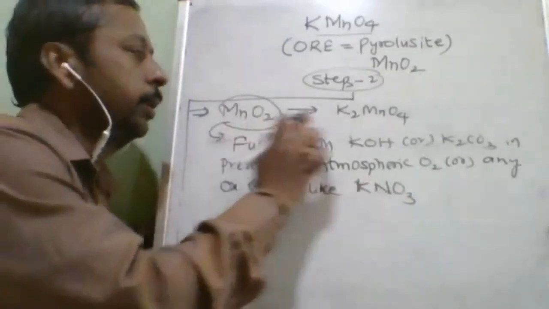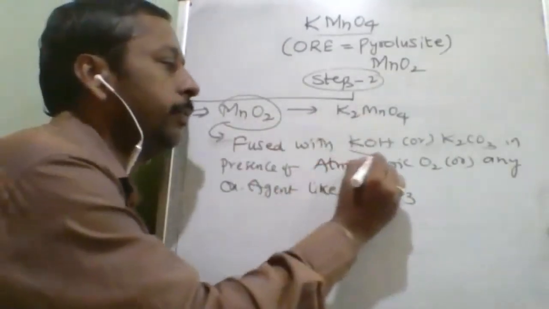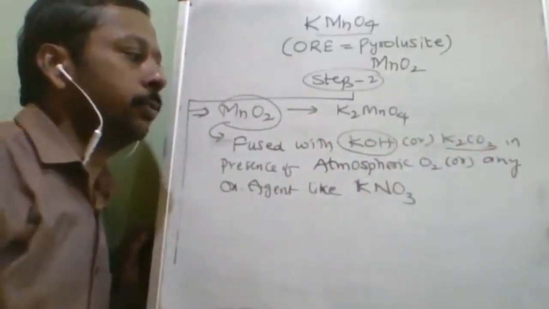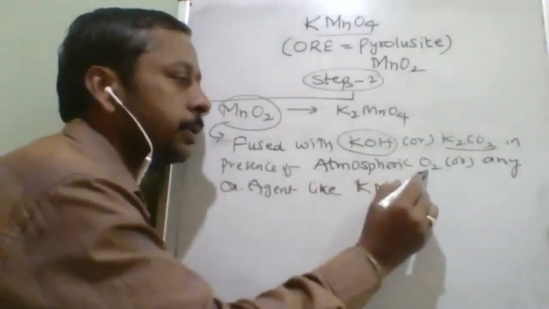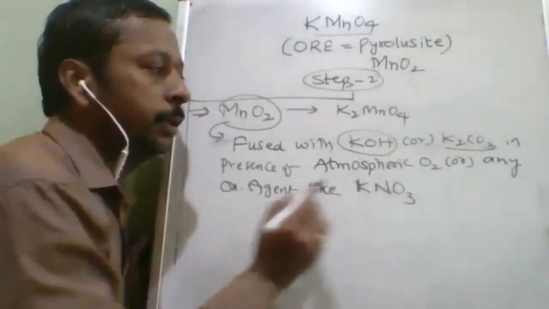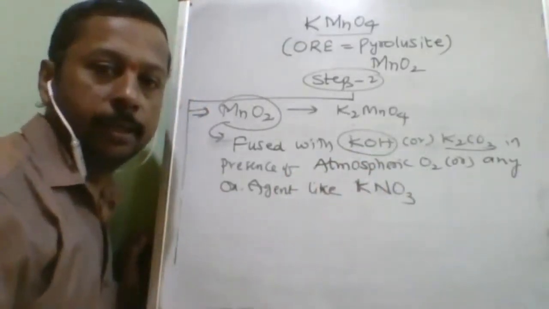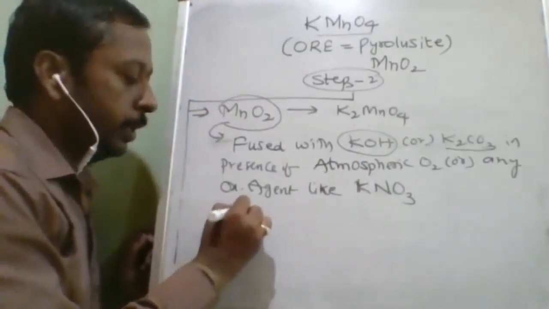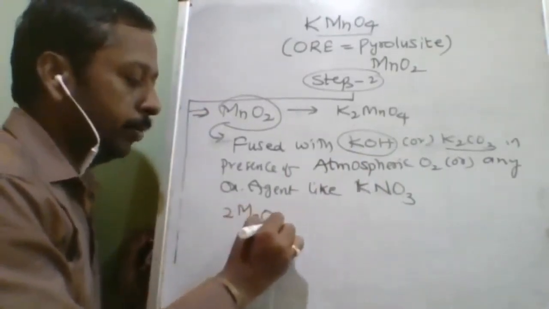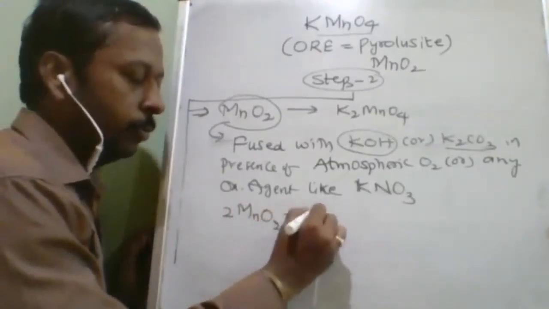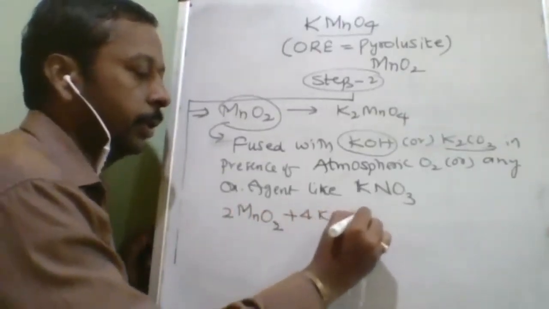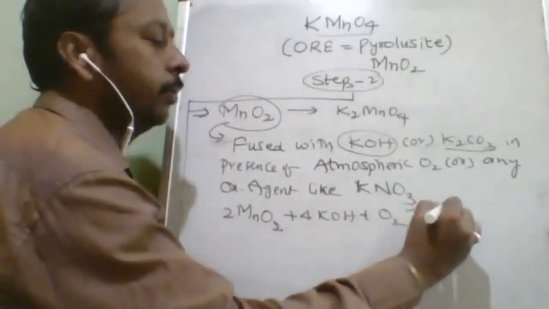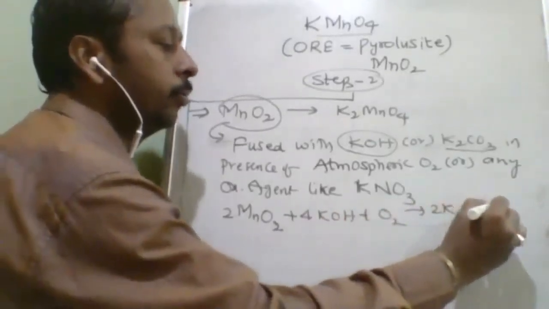So MnO2 is converted into K2MnO4 by fusing the pyrolusite ore with either KOH or K2CO3 in the presence of either atmospheric oxygen or an oxidizing agent like KNO3. Both reactions I will write here. 2MnO2 plus 4KOH plus atmospheric oxygen gives 2K2MnO4.